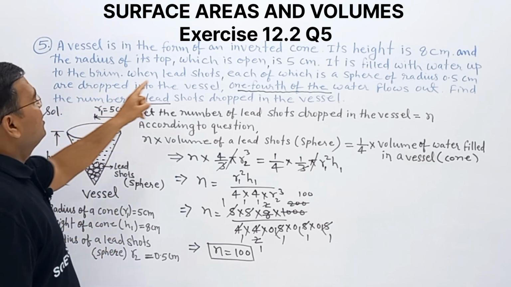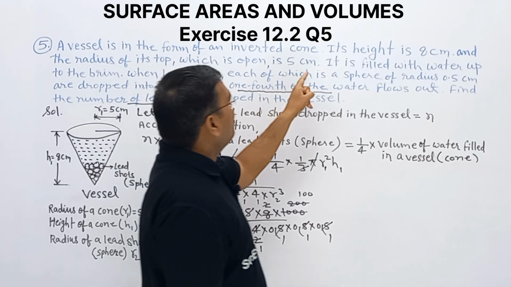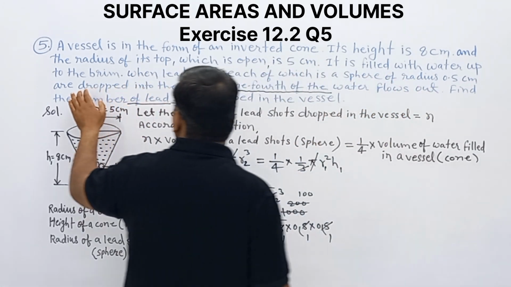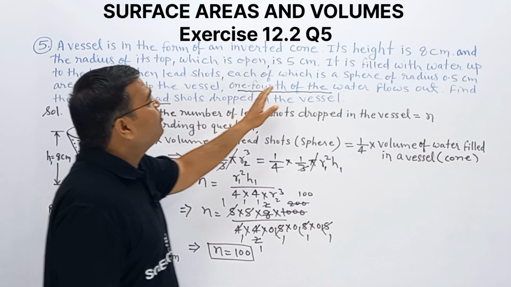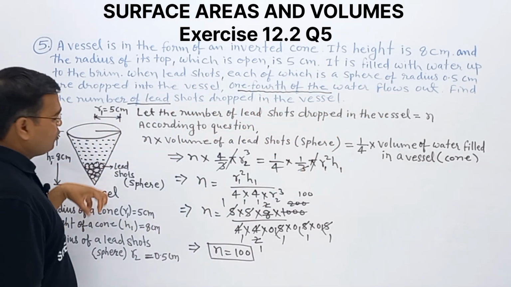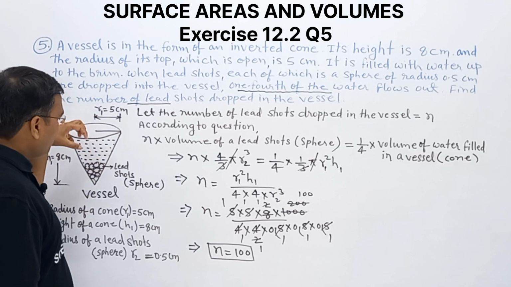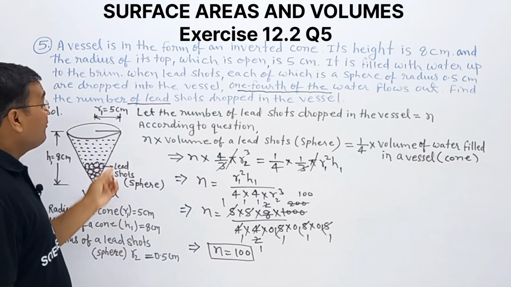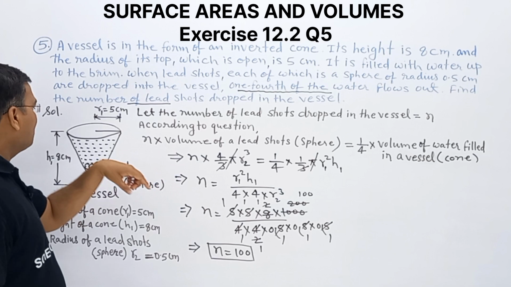When lead sources, each of which is a sphere of radius 0.5 centimeter, are dropped into the vessel, 1/4 of the water flows out. It means the volume of these lead sources will be equal to 1/4 of the water.